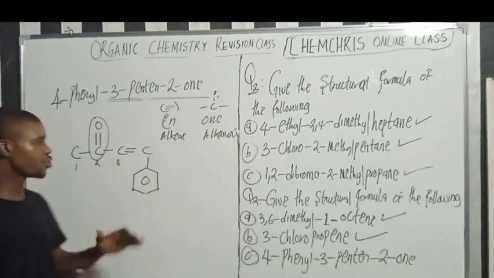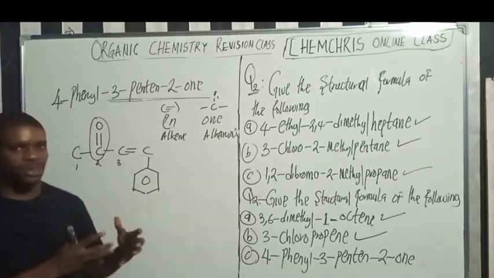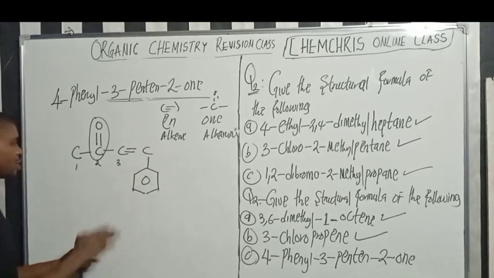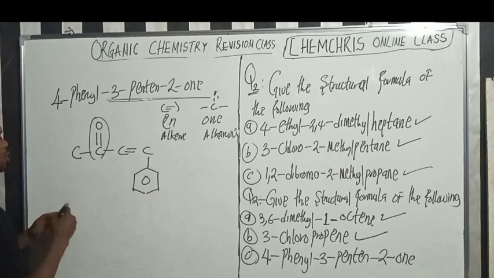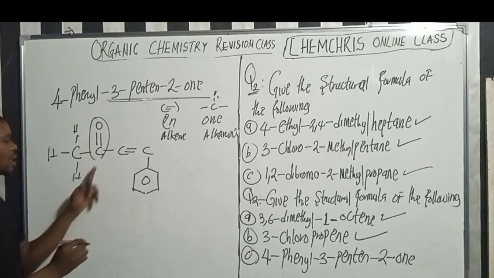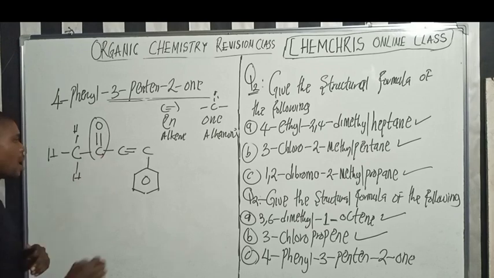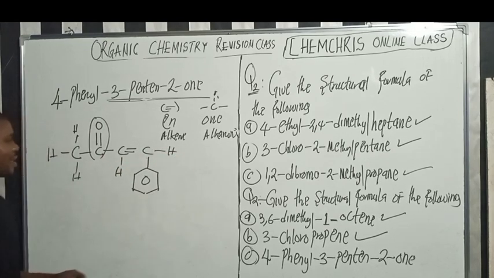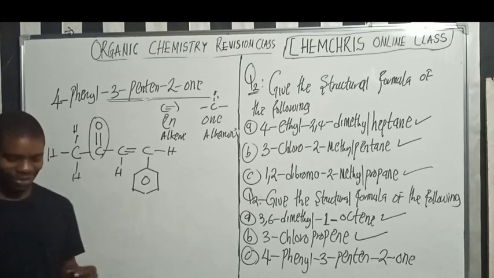Do you understand? So this is the structure. The next thing to do is to add your hydrogen. Here we have 1 hydrogen. Here we have 1 hydrogen. So this is the structure.